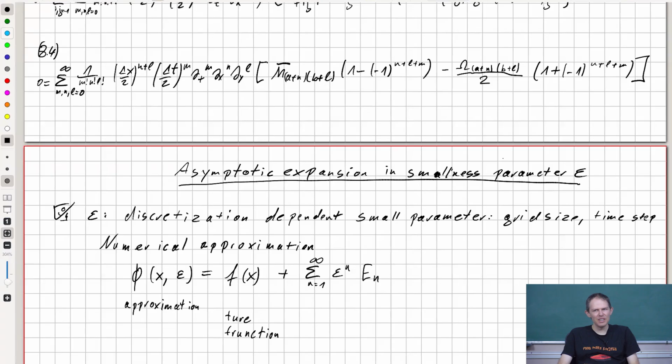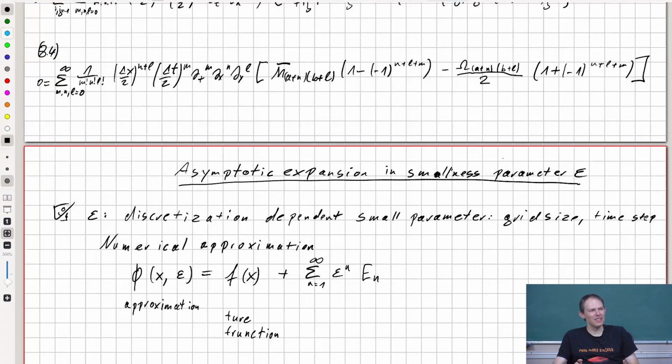The entire purpose of numerics is that you want to calculate a function like the solution of a partial differential equation that you cannot solve.